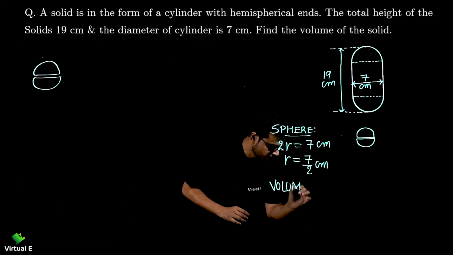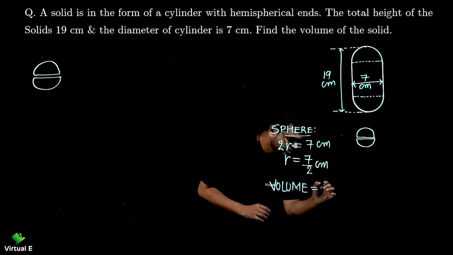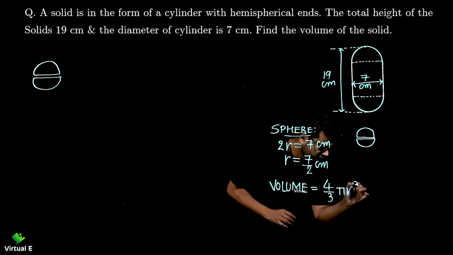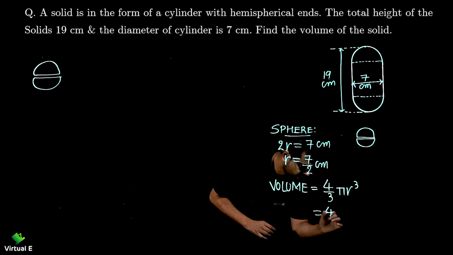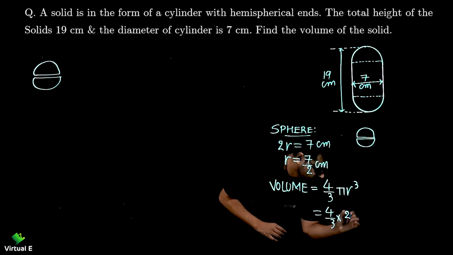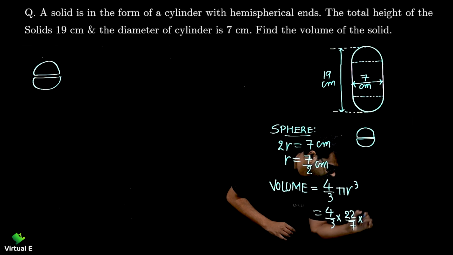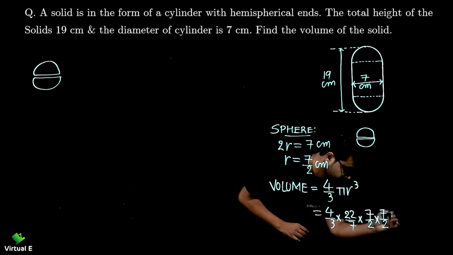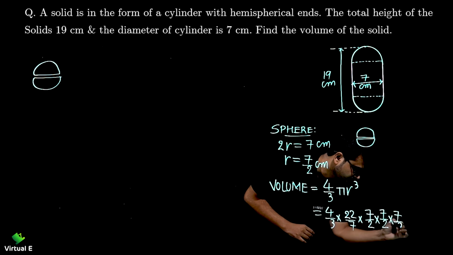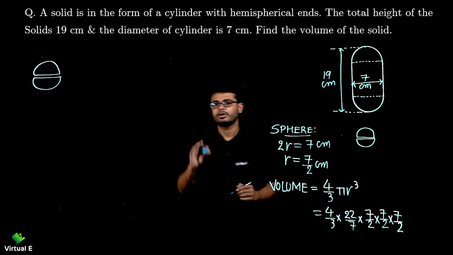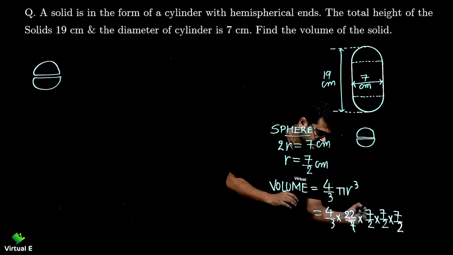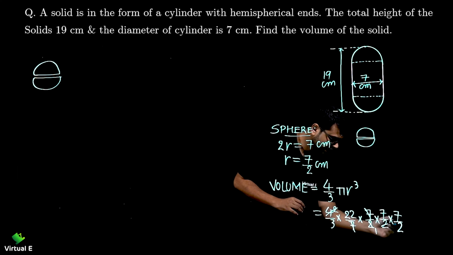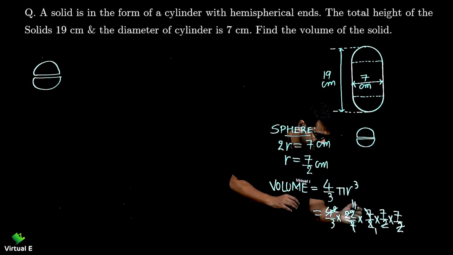So volume of a sphere is 4/3 pi r cube. So 4/3, then 22 by 7 into 7 by 2 into 7 by 2 into 7 by 2. Remember it is cube, right? 7 gets cancelled. 2 ones are 2, 2s cancel.